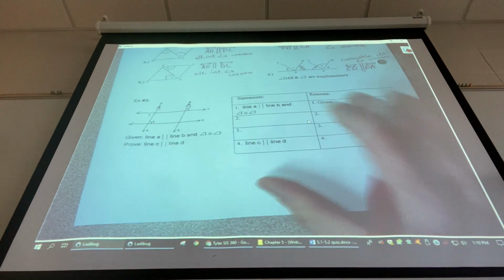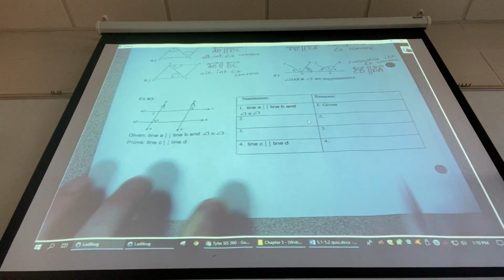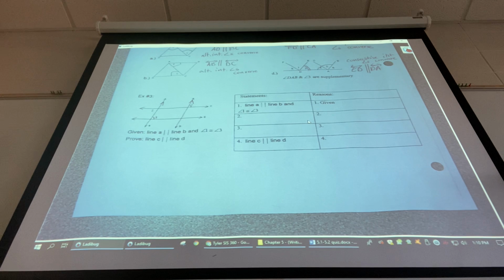Okay, so, wait, before I write that down, do we have kind of a game plan here? Alternate exterior could be our first option. Since 2 and 3 are alternate interior, we could use the transitive and remove 2 for 1. Would that prove it? I think so.